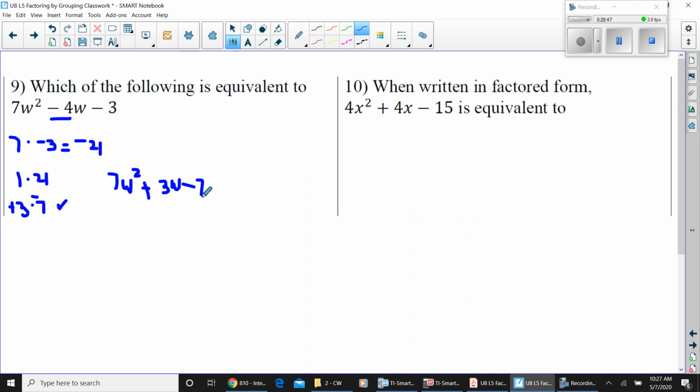And that, again, those 2 terms in the middle there, those like terms, equal negative 4w, and then I'm going to put the minus 3 down. After that, I'm going to look for my greatest common factors. So I have my greatest common factor as w for that first half.